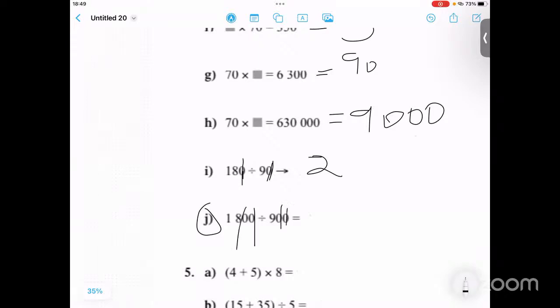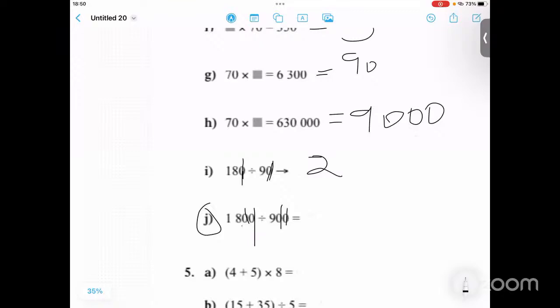Now we are dividing 18 by 9, which is the same as 1,800 divided by 900. When you cancel the zeros from the back and there's a division in between, it's allowed to do that to make things easier. And what's going to be the answer, Lemuel? It's going to be 2, ma'am.